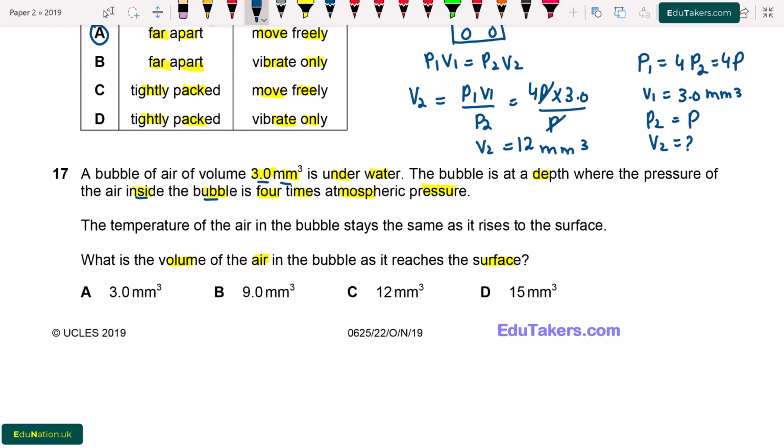So V2 will be equal to 12 millimeter cube. Now we see the options. Option A 3.0 millimeter cube, B 9.0 millimeter cube, C 12 millimeter cube. So option C is correct.